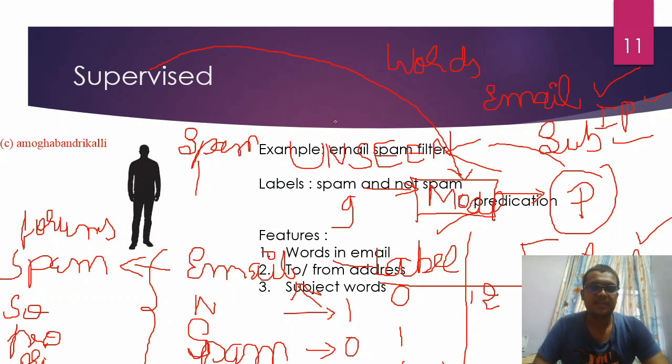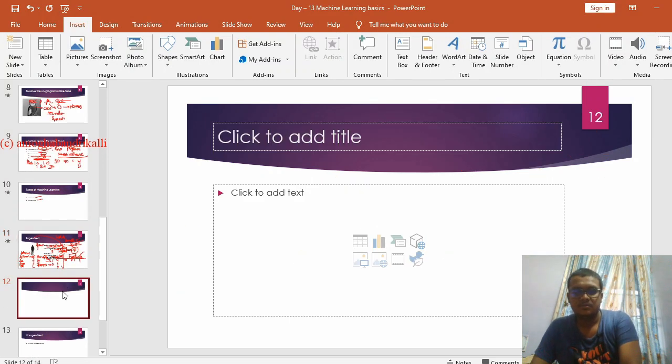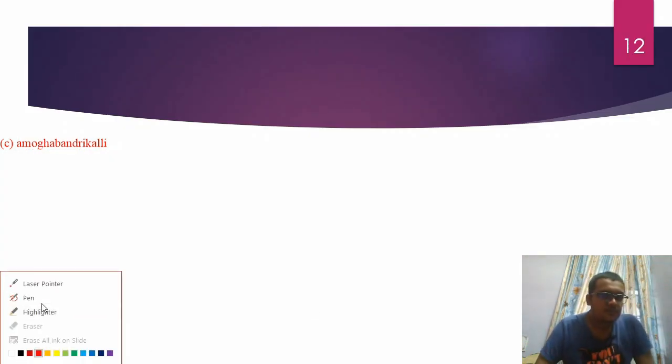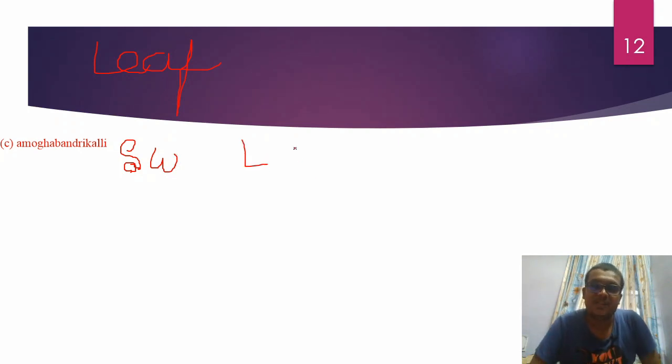How to differentiate between species of leaves. Let me take a pen here. I am talking about leaf species. In order to find out a leaf species, there will be the width of a leaf, the length of a leaf, whether it provides flowers or not, and whether it provides fruits or not.